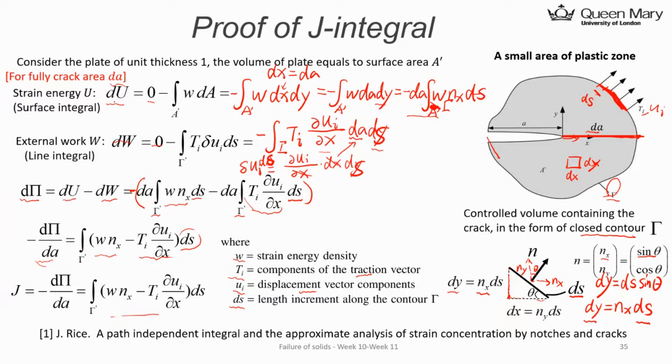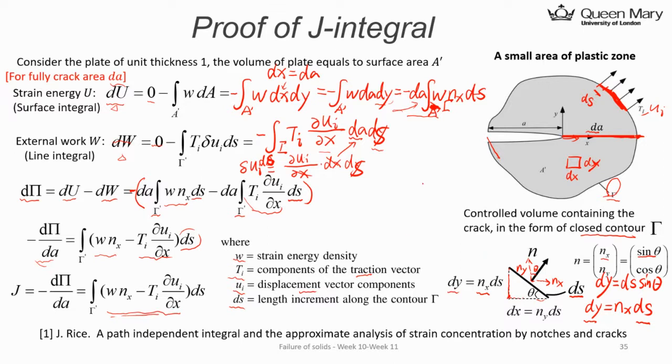I kind of prepared you with all this energy method, and the only trick probably is here, where you change the dy, so that you change the surface integral into the line integral here. So finally you combine the line integral together, which gives you that.